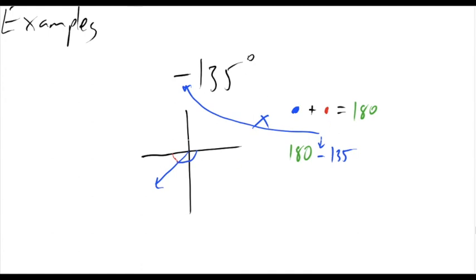You could say that this was a negative 180, and then you would be subtracting the negative. Just treat it like it's an absolute value of the angles when you're thinking about it. So I'm subtracting that 135, so that means that the red that is left over is 45 degrees.